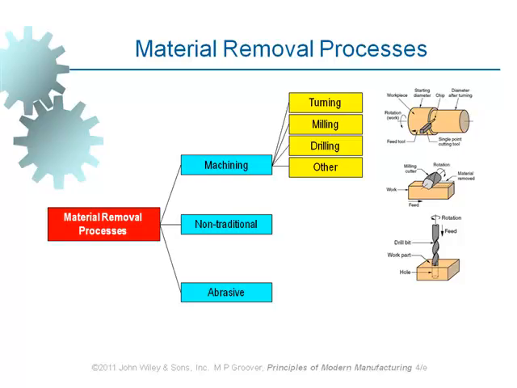And here in the picture you can see a turning process where the process is used in order to make rotational parts. In this process, as we know, it is the workpiece which rotates, and the cutting tool only has the feed motion, which is taking the cut when the part is rotating.